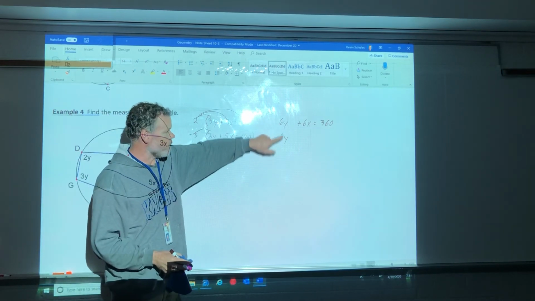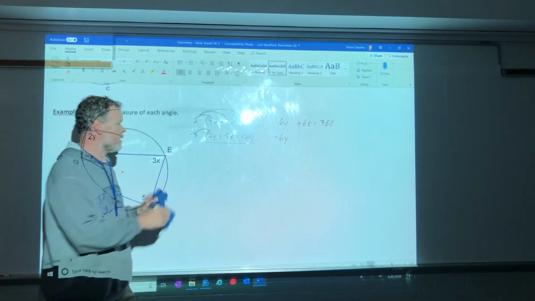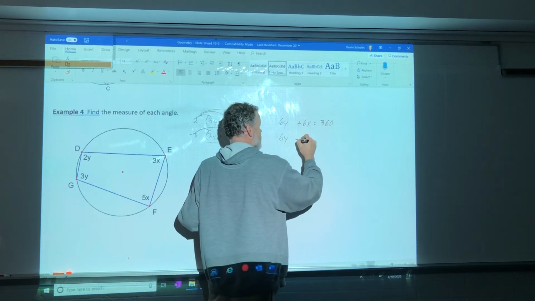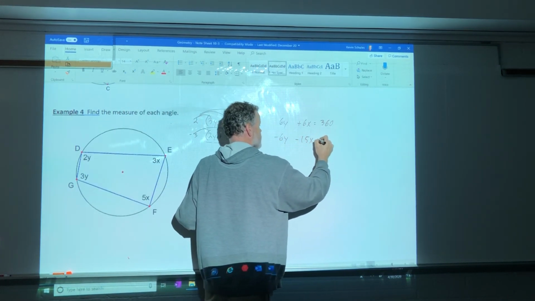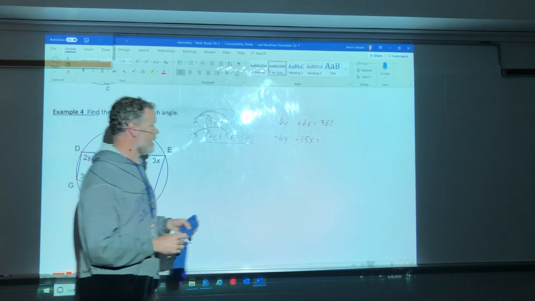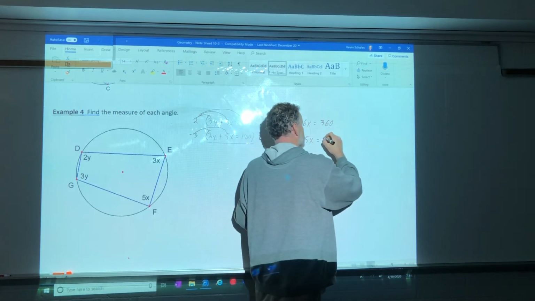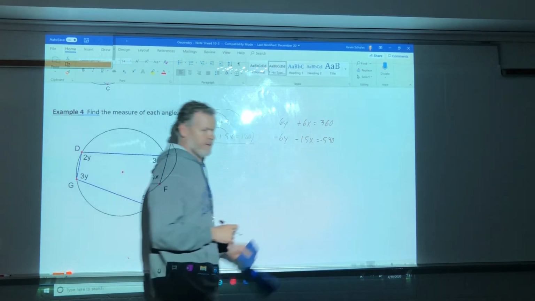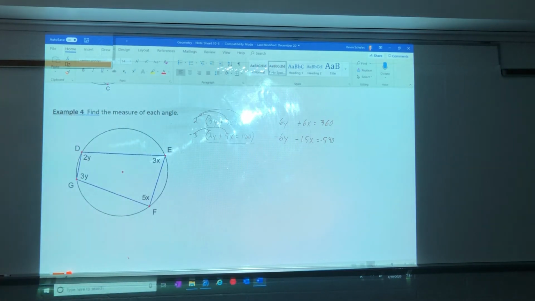That's what you were going for. You wanted to get your opposite right there. -3 times 5x gives you -15x, and -3 times 180 gives you -540. So that's the equation that you had set up right there.